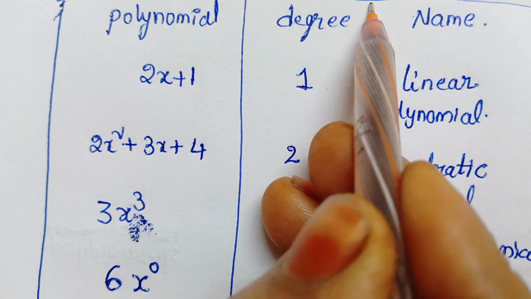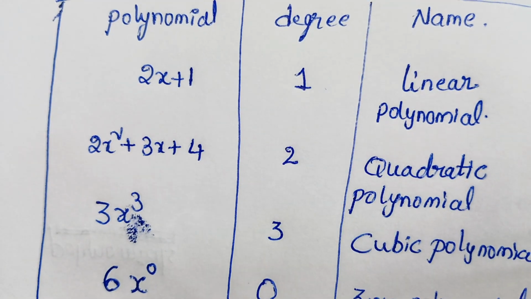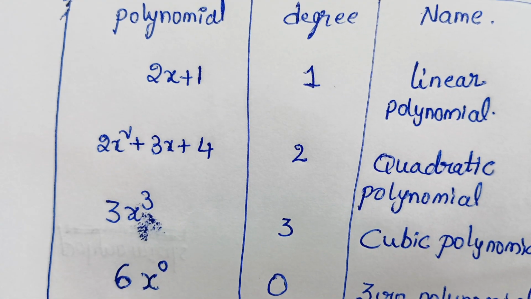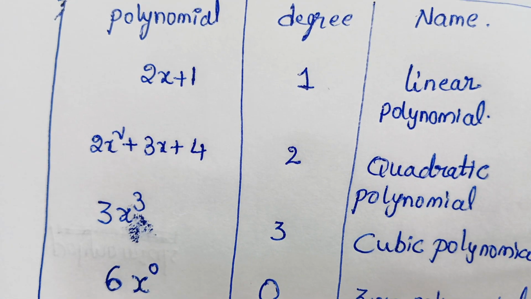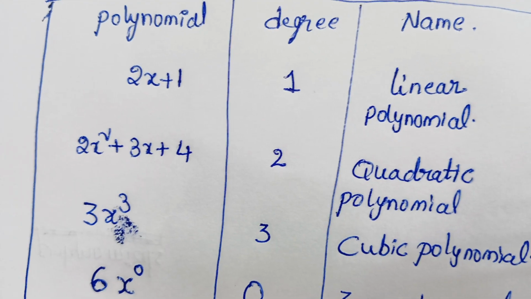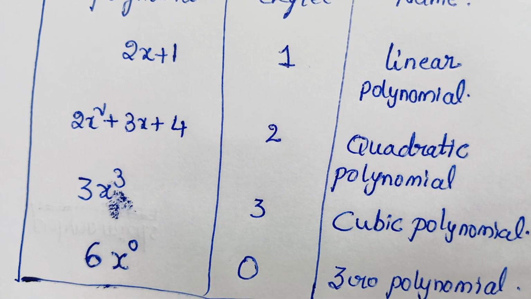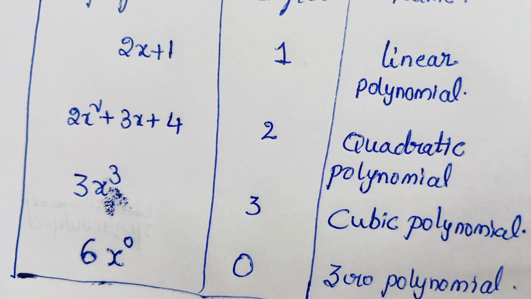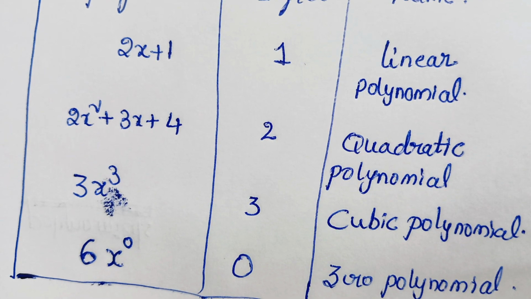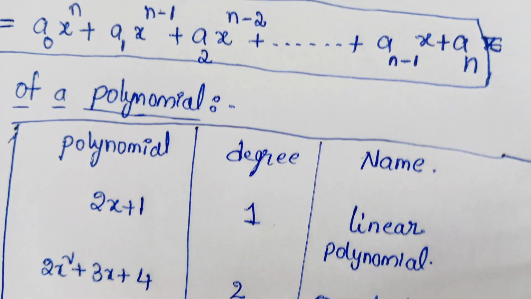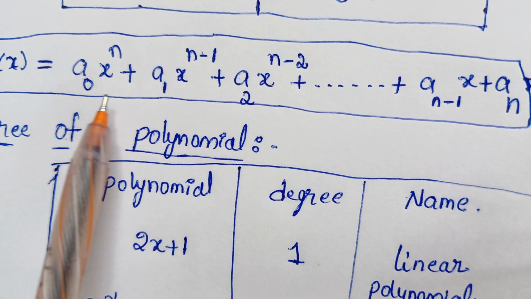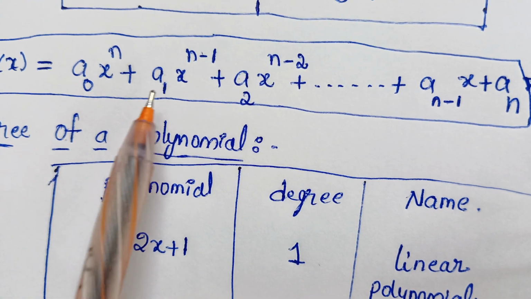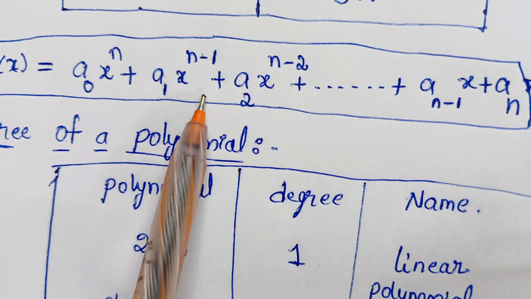Polynomial, degree, name. The types of polynomials that came: linear polynomial, quadratic polynomial, cubic polynomial, and zero polynomial. The highest power of x is considered the degree of the polynomial. Consider the complete form of the polynomial. This is an nth degree polynomial.